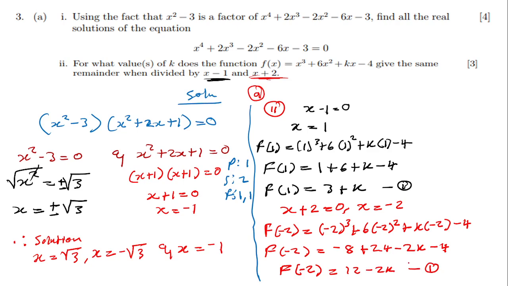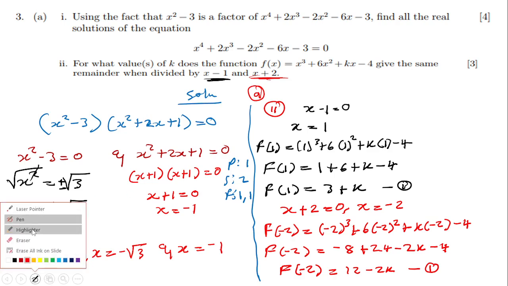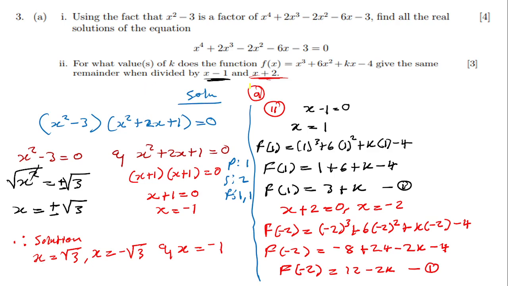Now, you have two simple equations. These two simple equations will help you find the values of k by doing the understanding of the question. So where is the secret in this question? The secret in this question is hiding where they are saying they have the same remainder.